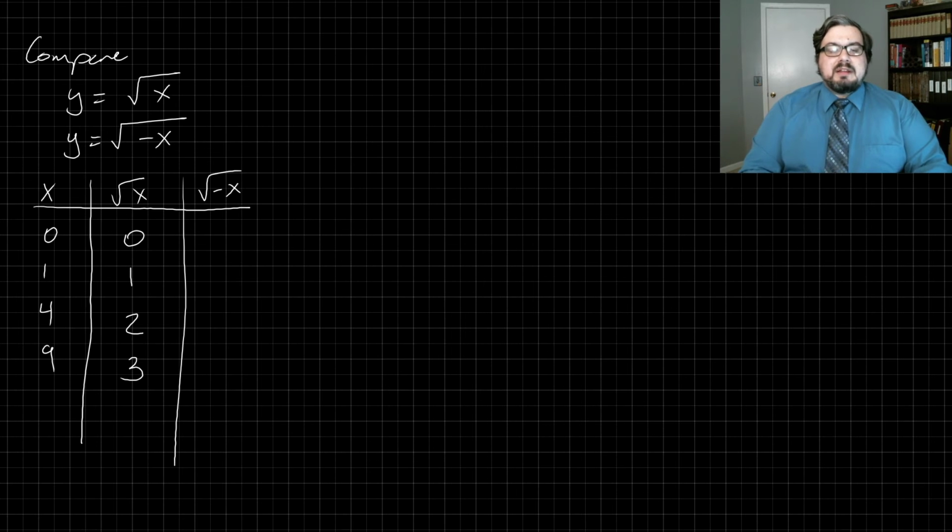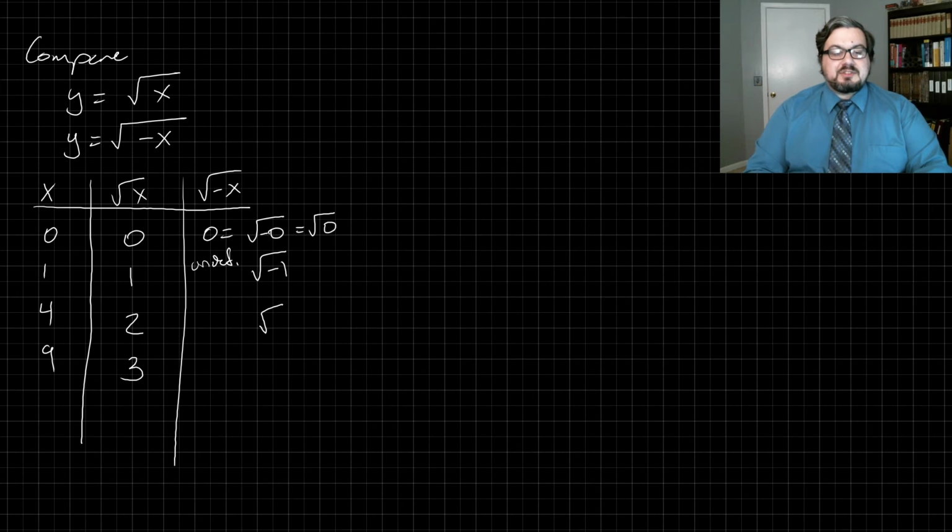Now, we do run into a little bit of an issue with the square root of negative x here. If x is 0, then the square root of negative x is the square root of negative 0, which is just the square root of 0, which is 0. That's fine. But then if x is 1, then we get the square root of negative 1, which is undefined.